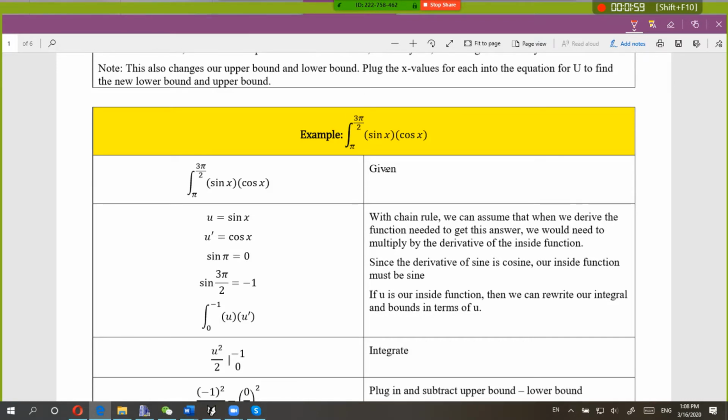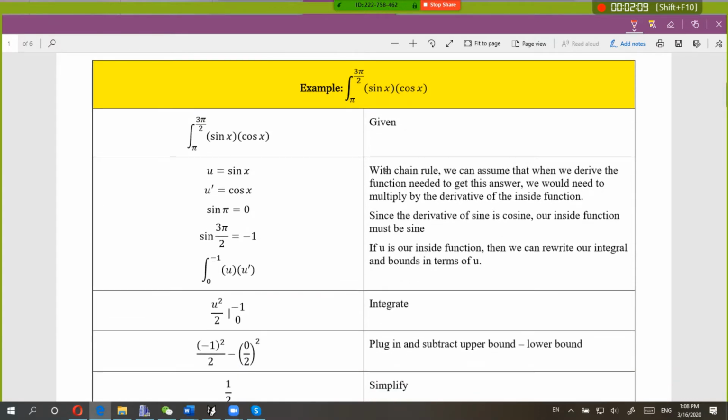So for this one, I've got the integral from pi to 3 pi halves of sine and cosine. So if u is sine and u prime is cosine x, then if u is the sine of x and x is pi for my lower bound, the sine of pi is 0.